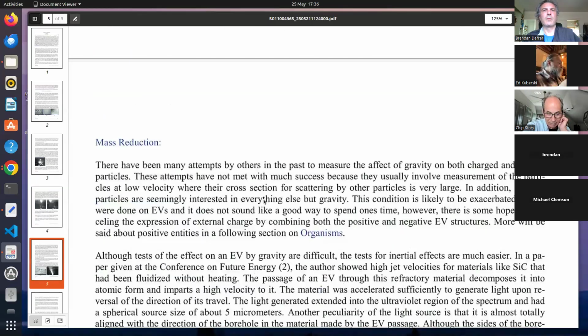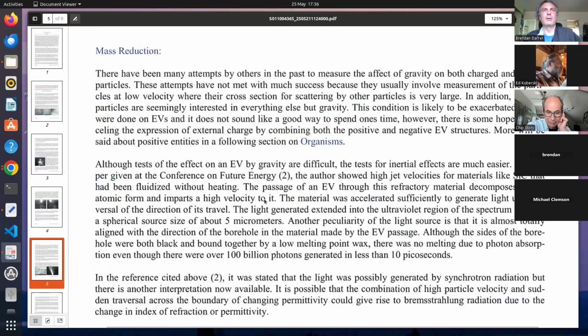Mass reduction. All right. There have been many attempts by others in the past to measure the effect of gravity on both charged and neutral particles. These attempts have not met with much success because they usually involve measurement of particles at low velocity, where their cross-section for scattering by other particles is very large.